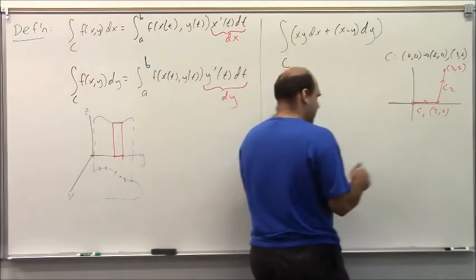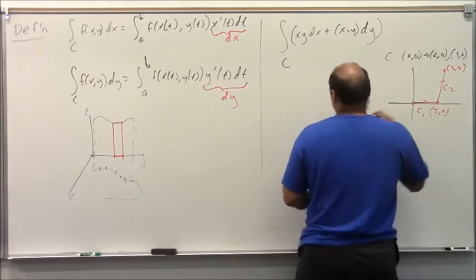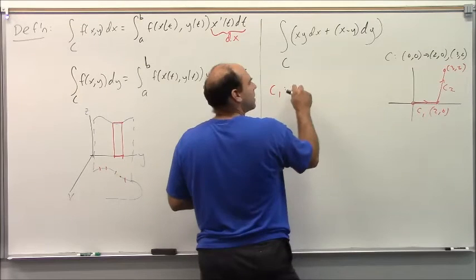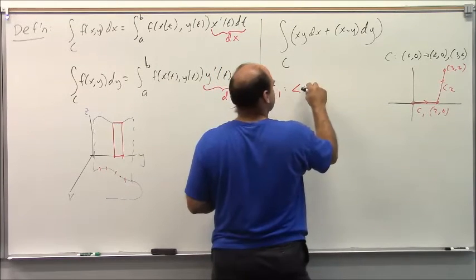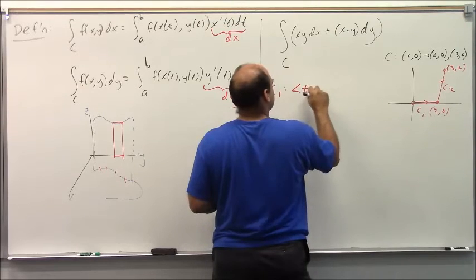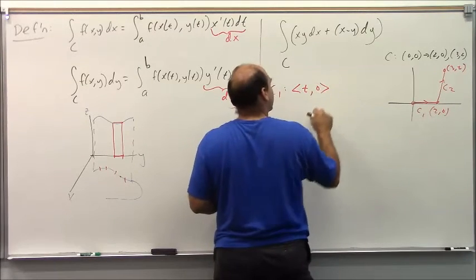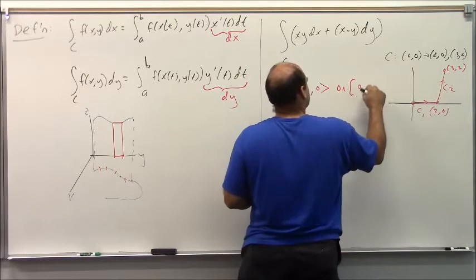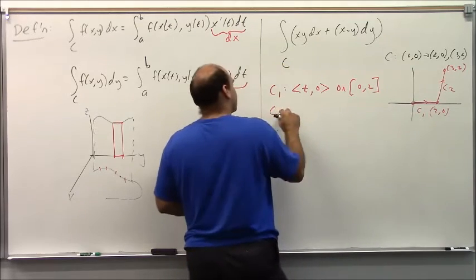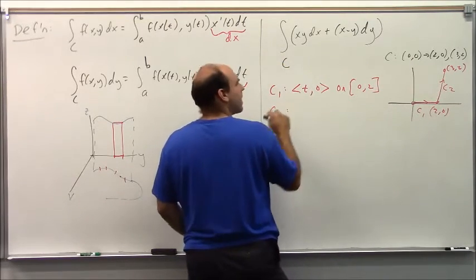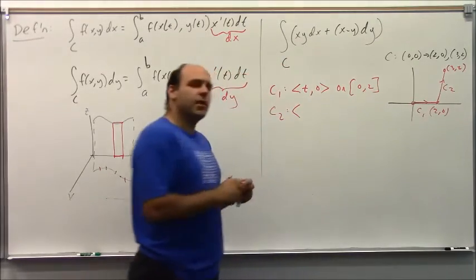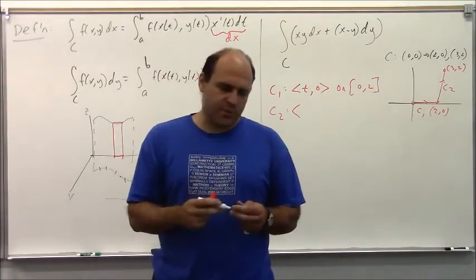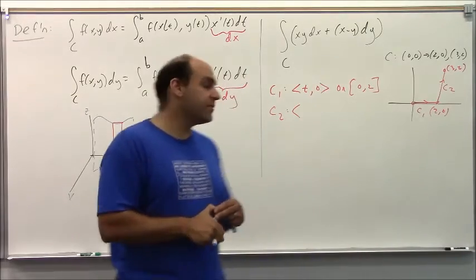All right, so I parameterize this. Let's say C1 is given by, looks like x is what's changing, and y is fixed at 0. x ranges from 0 to 2, and t ranges from 0 to 2. And for C2, I'm going to go back to our standard line parameterizations that we did in 12.5.